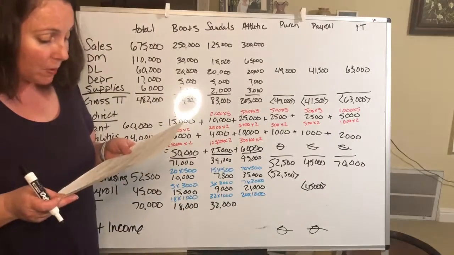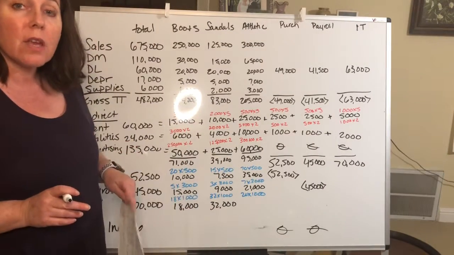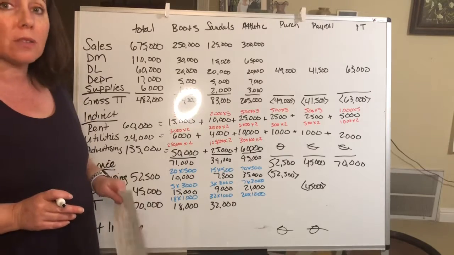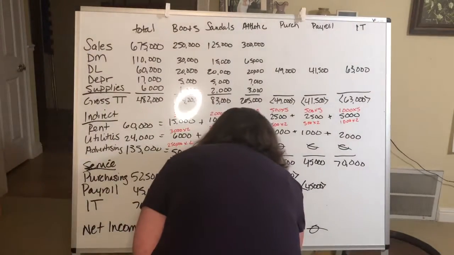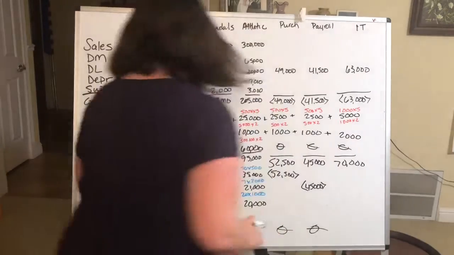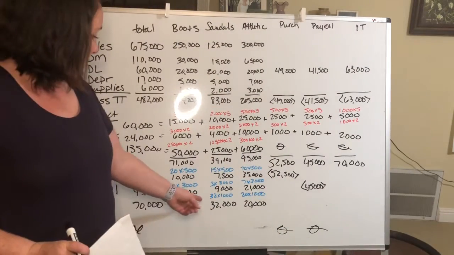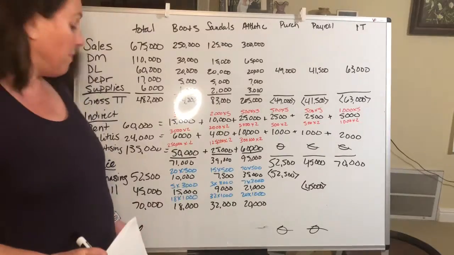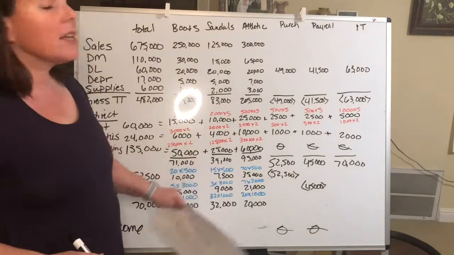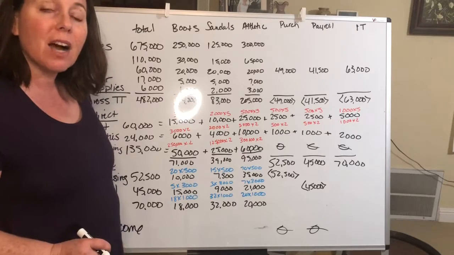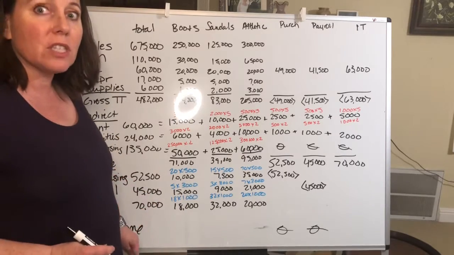Athletic opened 20 service requests, so they're going to get $20,000 of IT costs. If we add these up, 18 plus 32 is 50, plus 20 is 70, and we've allocated all of our costs. We'll go ahead and subtract them from the IT cost center so that they will have zero net income.